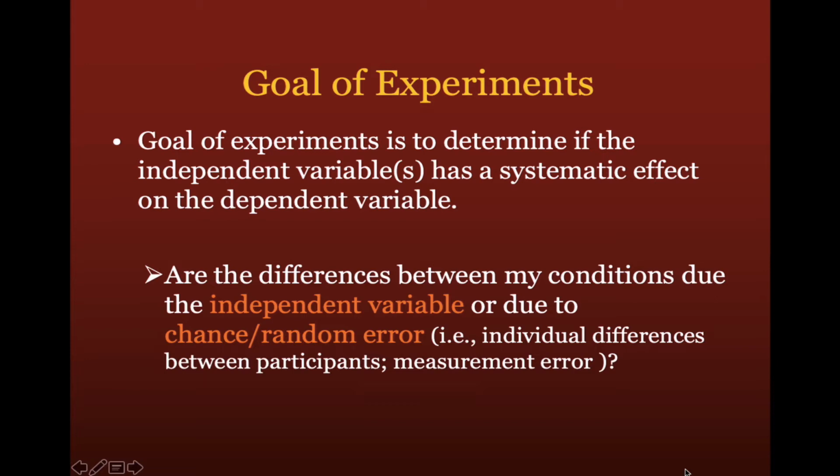And we want to determine if that difference we see between our groups is due to our independent variable, what we've manipulated, or if it's just due to random error, just individual differences between participants, measurement error, sampling error. Any change between your conditions that's not due to the independent variable is going to be called random error. And what we're trying to do is determine if the differences between our groups are due to the independent variable or due to random error.